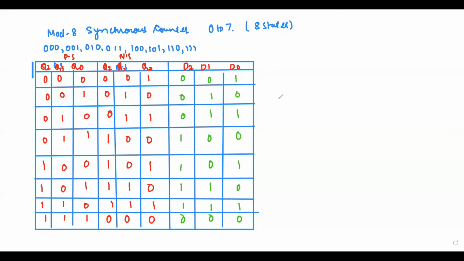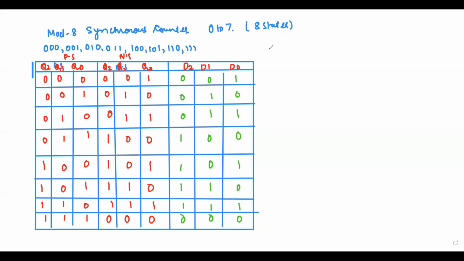Whatever you apply as input, you will get as output, since it is a D flip flop. If you want this state, you need to apply this. It is quite simple, and there is no mathematics involved in this.